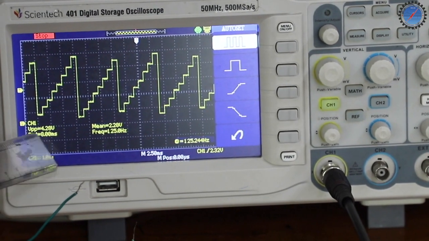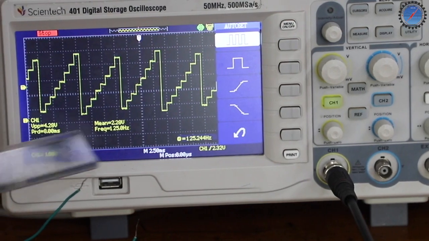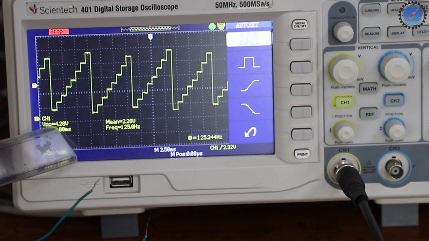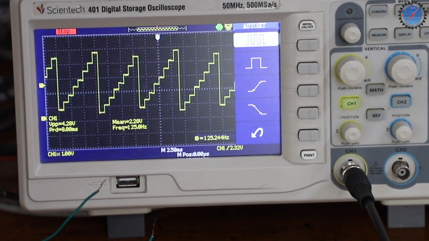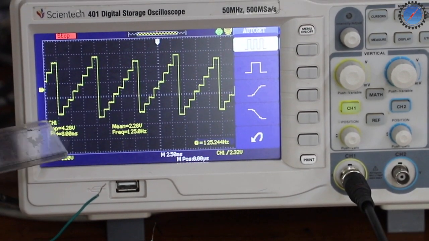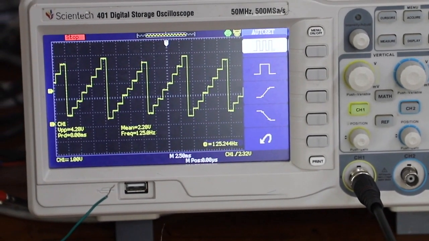For this, we are getting the peak to peak voltage, that is the full scale voltage. We are supposed to get 5 volts, but we are getting 4.28 volts. This is mainly due to gain error. So we are getting a little bit less when compared to our full scale voltage.